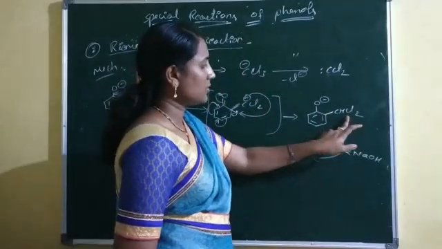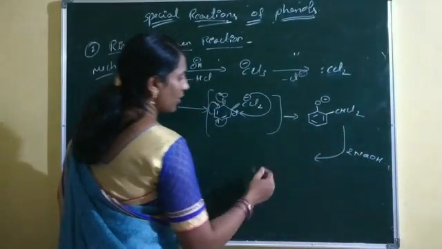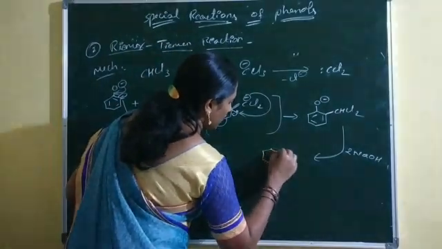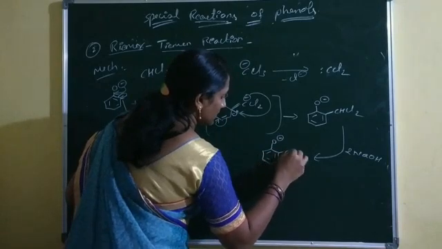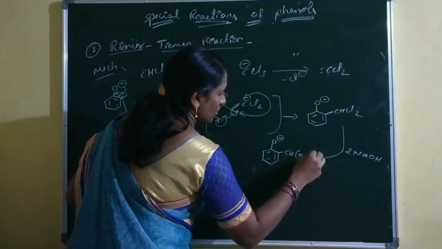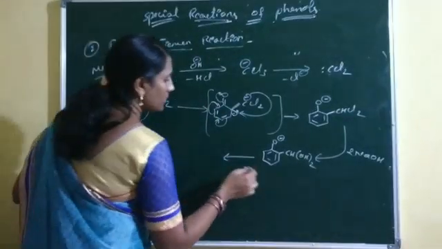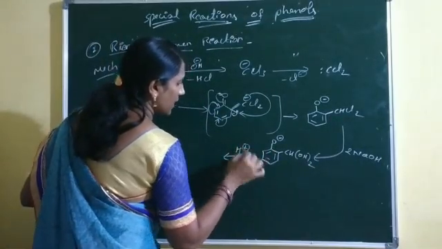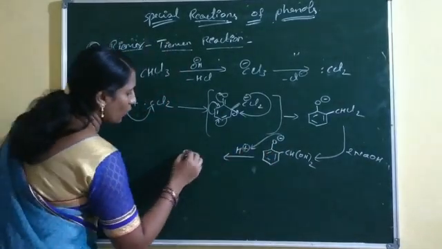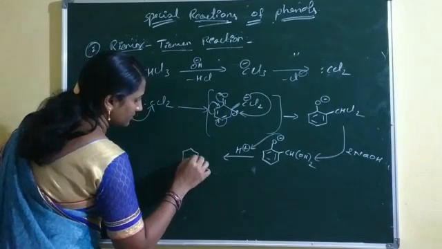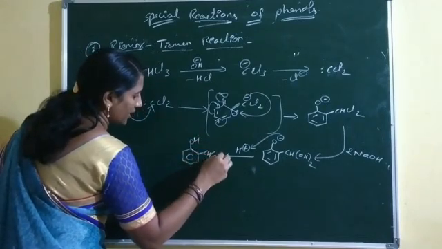Now these two chlorine atoms are replaced with 2 hydroxy groups. The compound is O minus and CH(OH) twice. Now this compound is treated with H plus ion. This O minus abstracts H plus and is converted to OH, giving OH and CH(OH) twice.